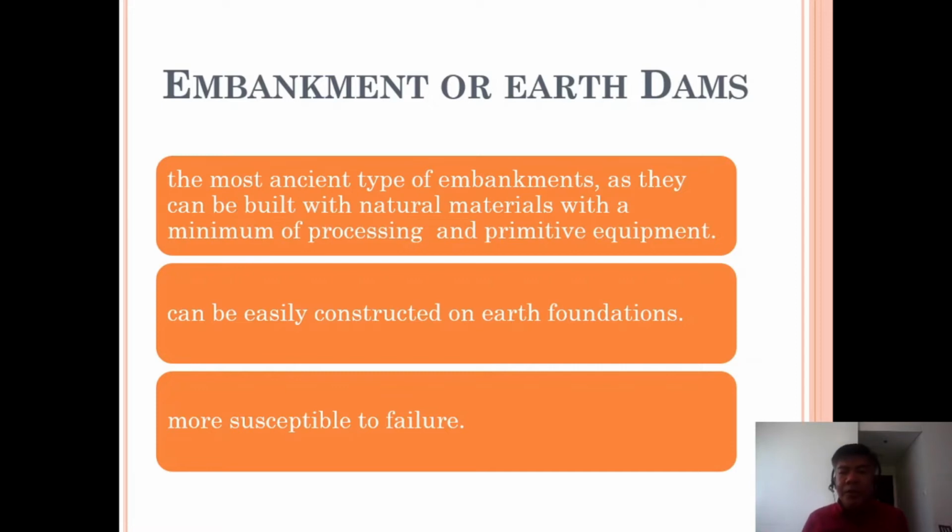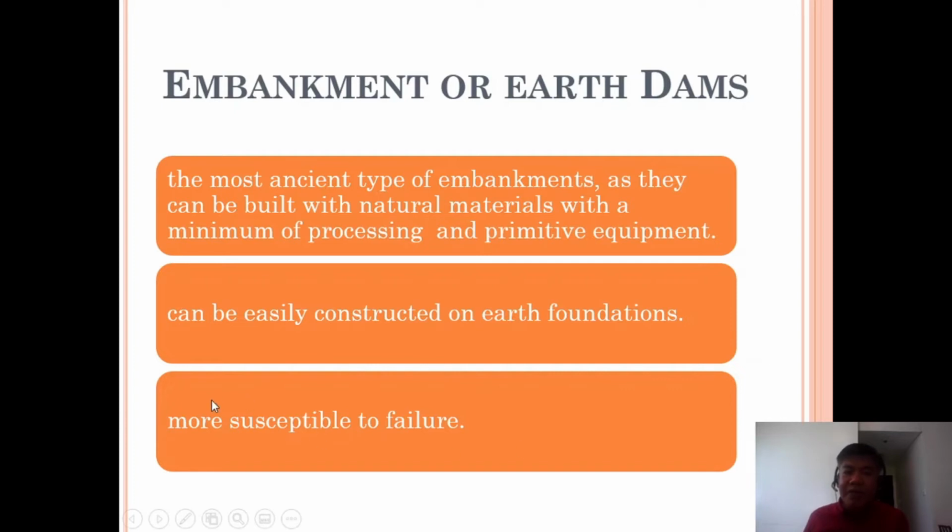For an earth dam, it is not that heavy, so the foundation can still be whatever the natural ground is, or if it is not enough, you can change it, but it is still of earth materials also.